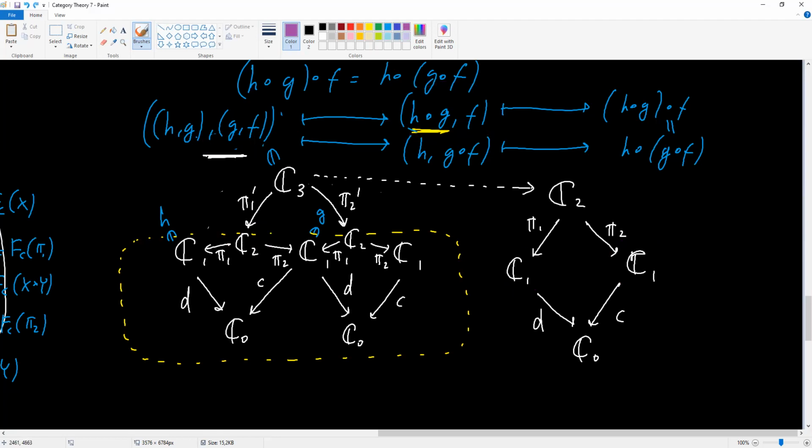So maybe we could build that map just by first looking at the corresponding maps on the coordinates. I'm going to use green color for that. So I'm going to consider a map there and a map there. So this first green map is the M map, the composition map. The second green map is just keeping the F, right? So it's pi2.